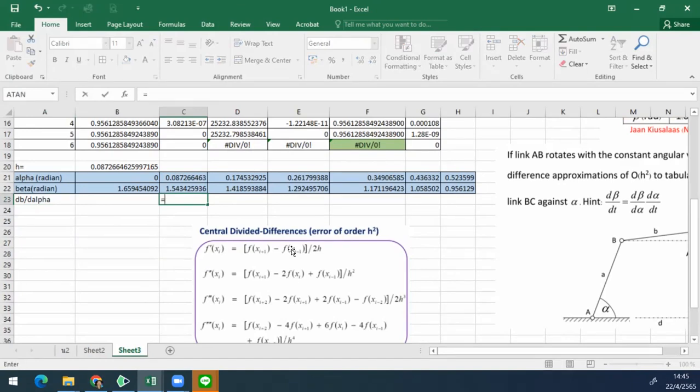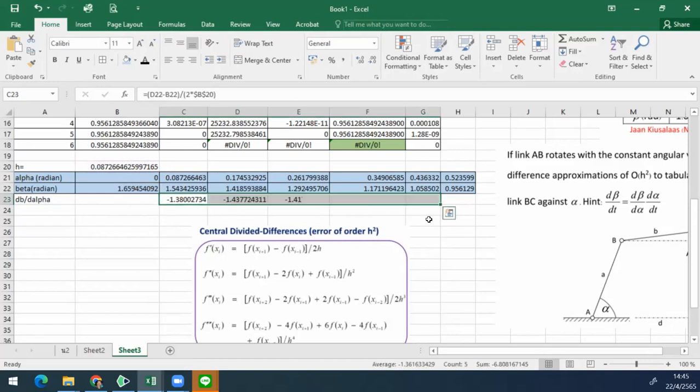So it's equal to what? It's equal to the forward value minus the previous value, divided by 2h. Don't forget to lock the cell if you use a formula like this, okay. So then this is for the middle one. We have this value, right?